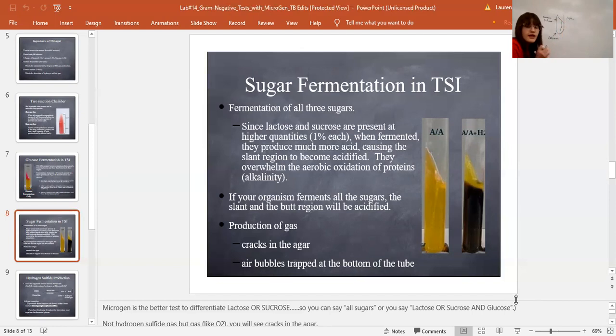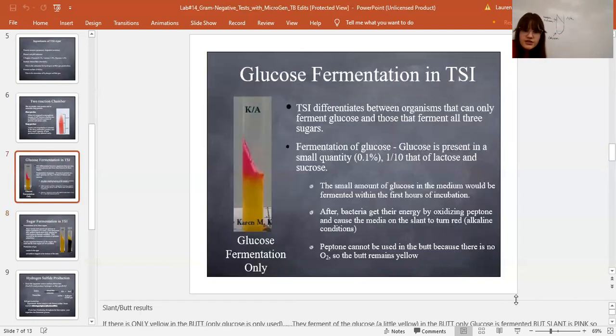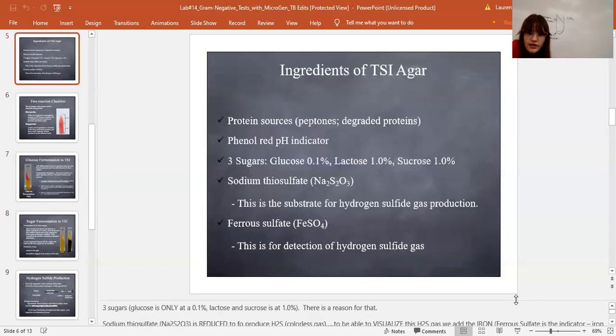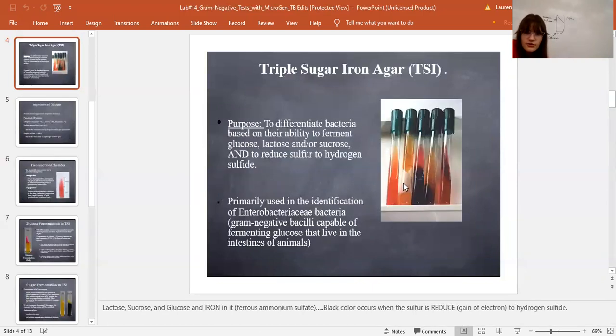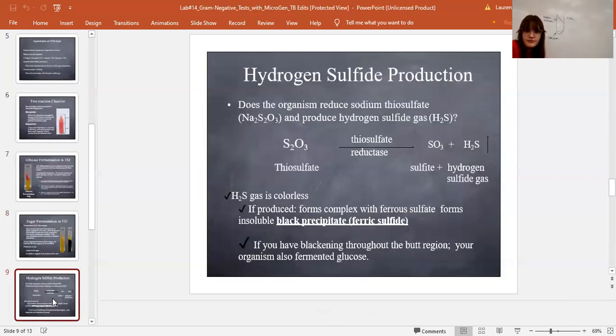So if it looks irregular, that could be gas production. Another way we can see gas production is if the agar is actually distended. So it has raised up and there is a gap of air at the bottom. I think it has a good example on here. Let's see. Yes. So this second tube right here, that has distension, where we see the gas formation.